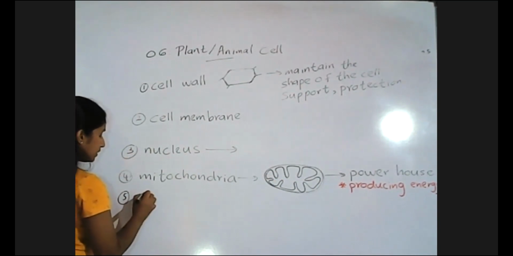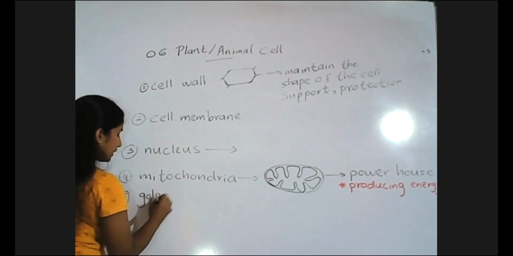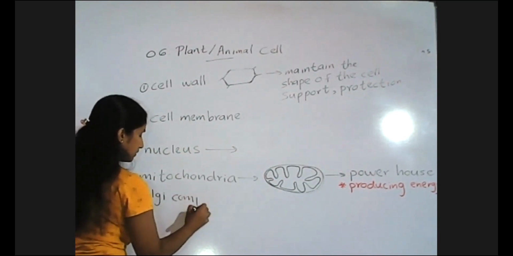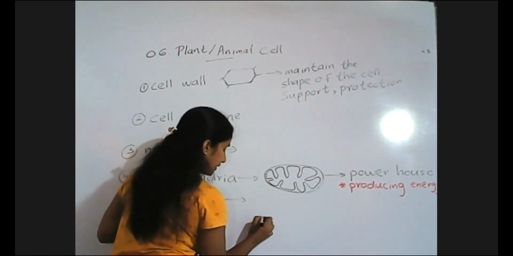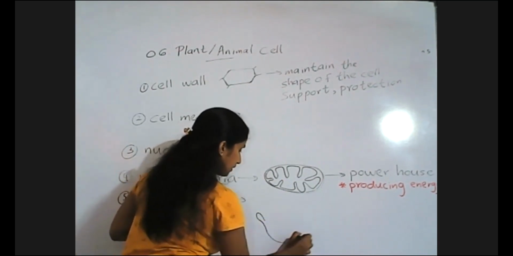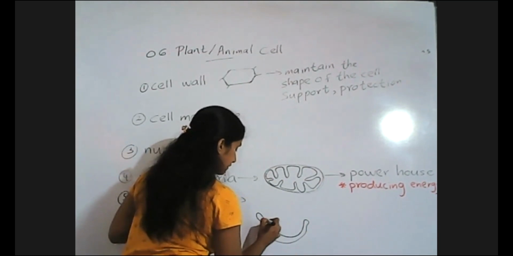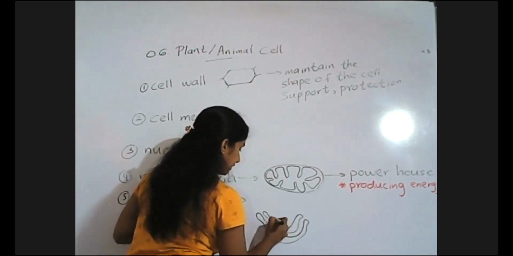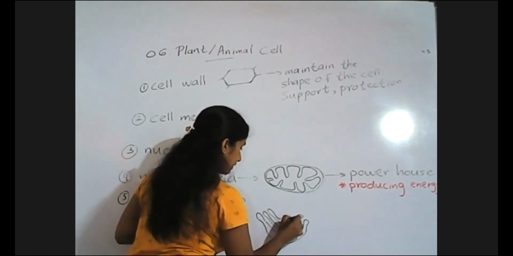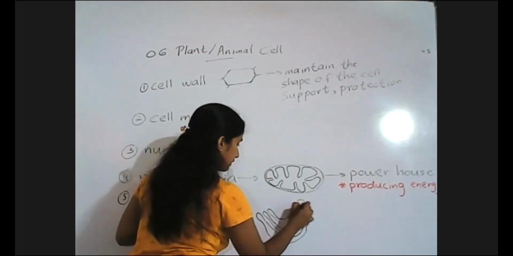And the fifth one, when we consider the Golgi complex, if you are given the diagram, you have to identify, Pute, right? The Golgi complex. Some sacs are there, one over the other in this way, right?